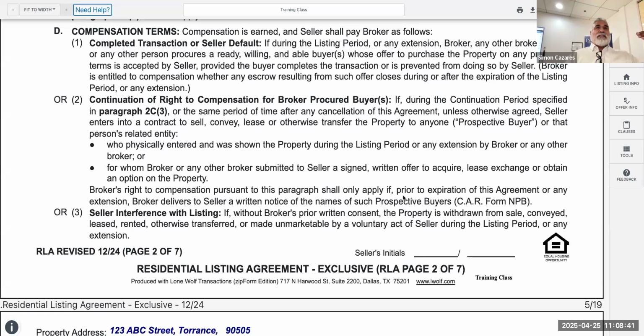Then the seller decides to cancel on us and goes left field on us. And then a year later, you find out that this property did end up selling, right? Well, remember, it's within that time. If you can articulate and have the proof and evidence that it happened within that expiration period, then yeah, we can definitely go after compensation from the seller.